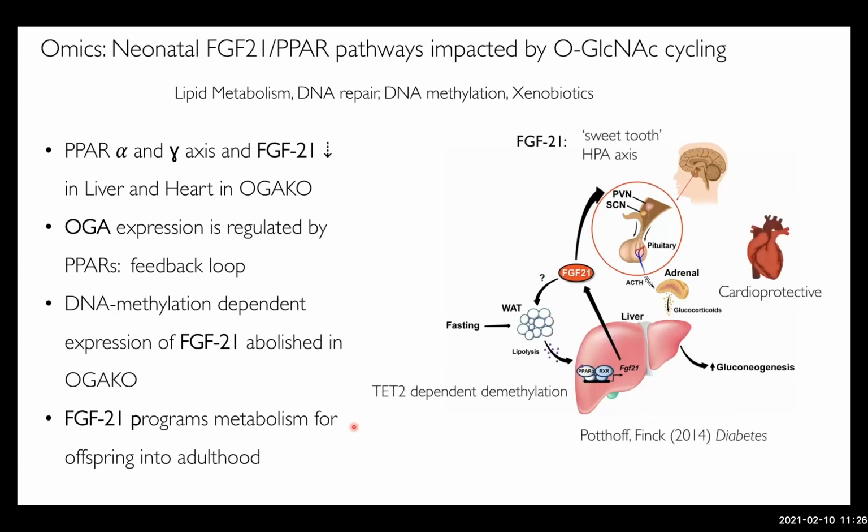It's a very interesting molecule. It provides the so-called sweet tooth, the longing for sweets that many of us have. It is cardioprotective in protecting the heart from ischemic damage. It's regulated by a TET2-dependent demethylation reaction associated with PPAR alpha and PPAR gamma. And so we're very excited about this pathway playing a key and perhaps causative role in metabolic homeostasis in man.